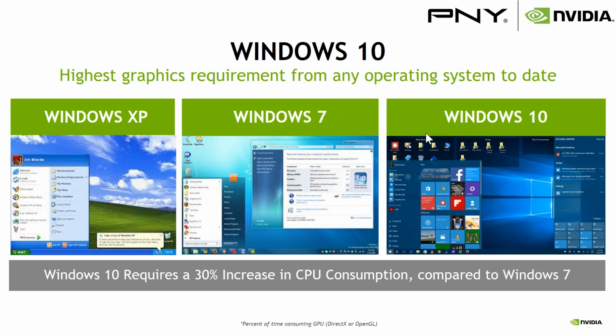So what we're trying to say is if you were running an existing VDI solution, and you literally just change the OS from running Windows 7 to Windows 10, you have a 30% increase in the requirements from the CPU, which would throw more performance out of the CPU. In reality, what that will require is less user density on that same platform to maintain the same expectation from the user experience. So we're not actually taking a step forward, even though the operating system is more advanced. Actually, your usage of users per server will actually decrease to be able to just maintain where you are.